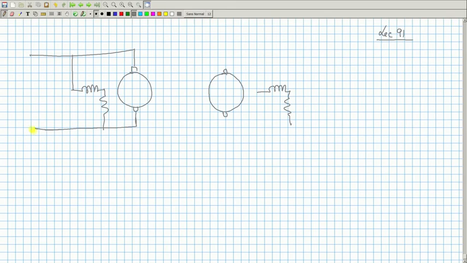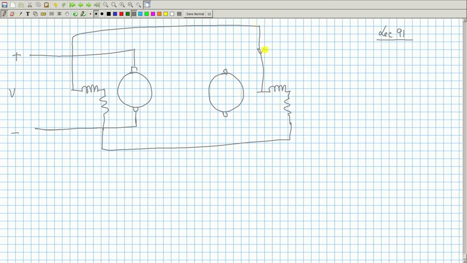This field, and here is your supply V, rated voltage, and this one you connect here, so the field windings of both the machines are separately excited from this voltage straight.